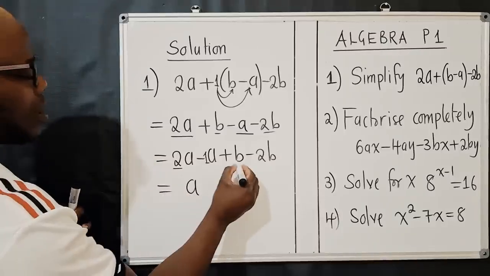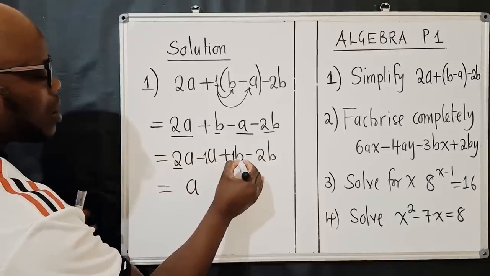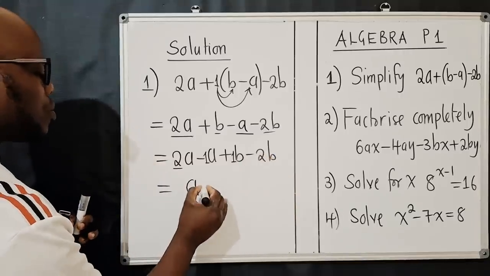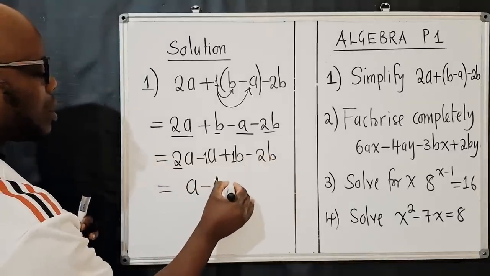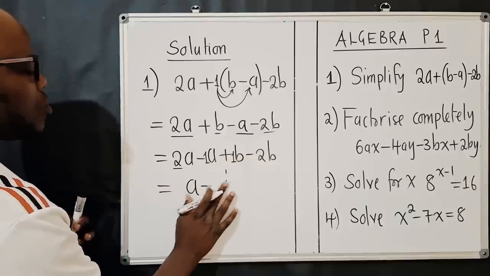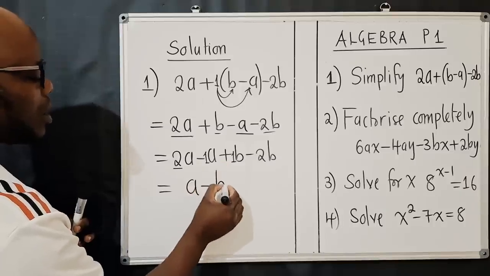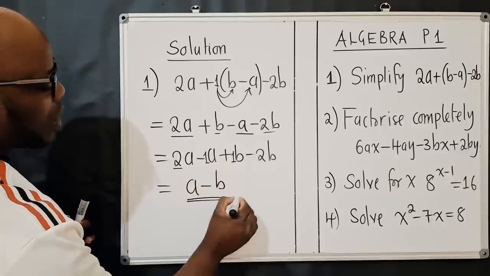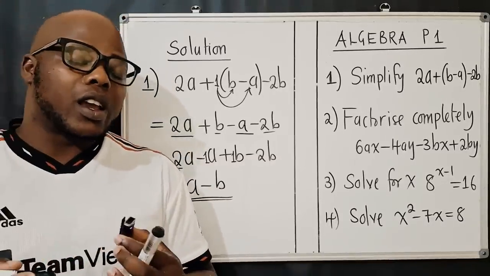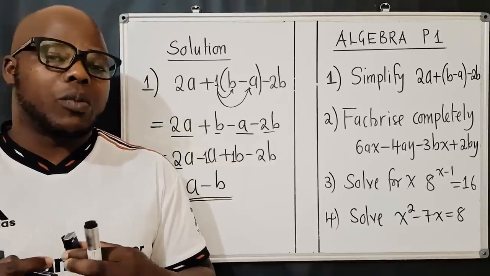Here, there is a 1, 1 minus 2, it's a negative 1, and the letter is b, so it's negative 1b, which we can just write as negative b. So the answer for question 1 is a minus b.